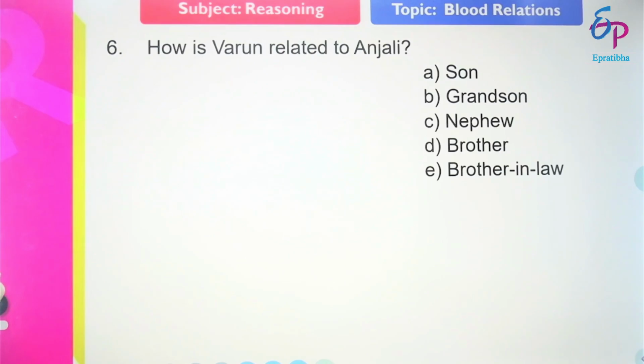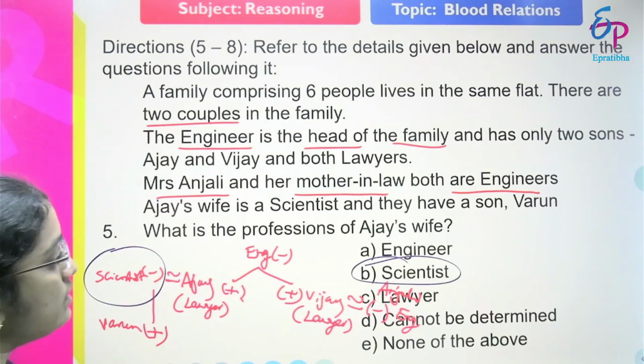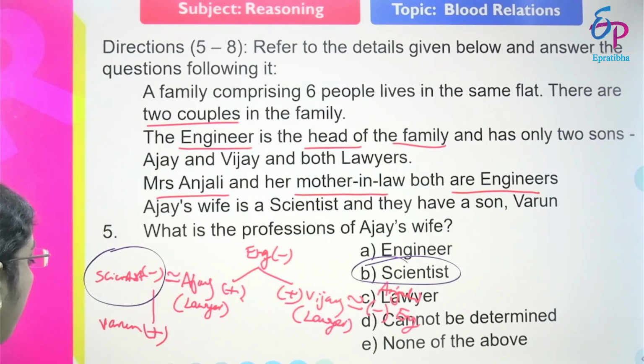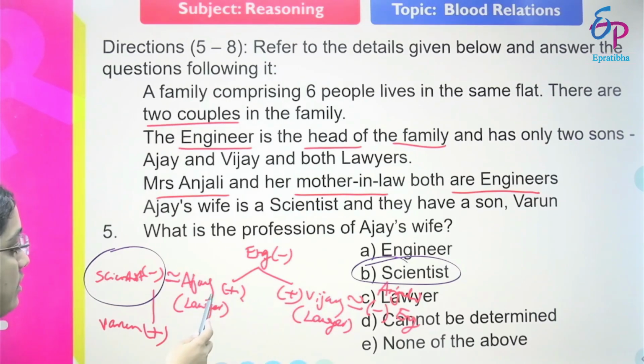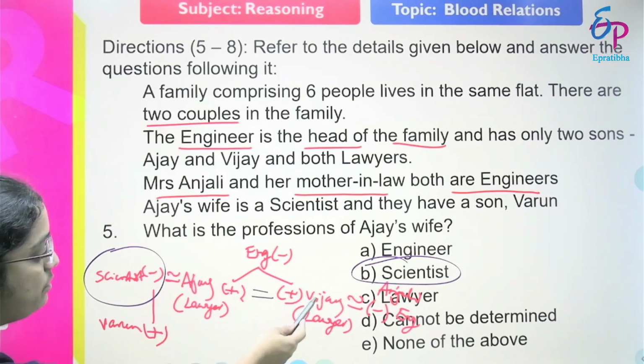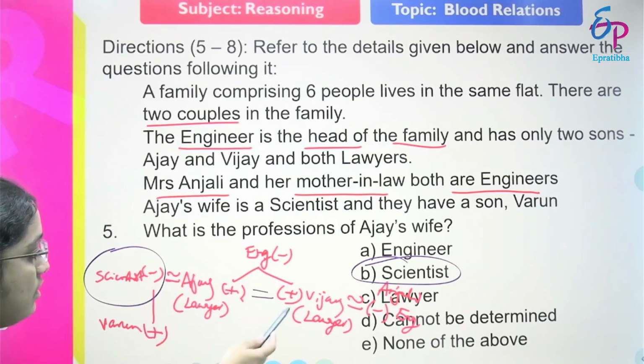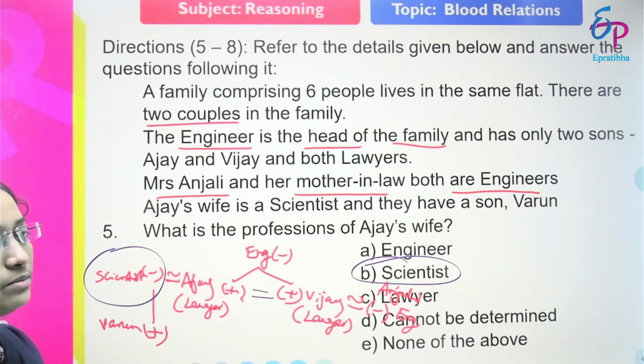How is Varun related to Anjali, friends? So we need to check that. Here Ajay and Vijay are brothers. So Varun is nephew of Vijay. Why am I taking nephew?